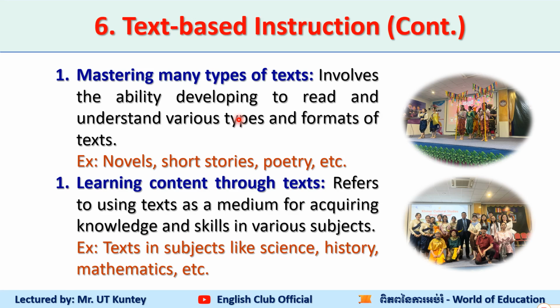But for learning content through text, we use the text as the medium. It is also suitable for the student's ability. We give the medium reading to the student because we want students to acquire knowledge or skills in various subjects. Especially in number 2, learning content through text is suitable for the subjects.